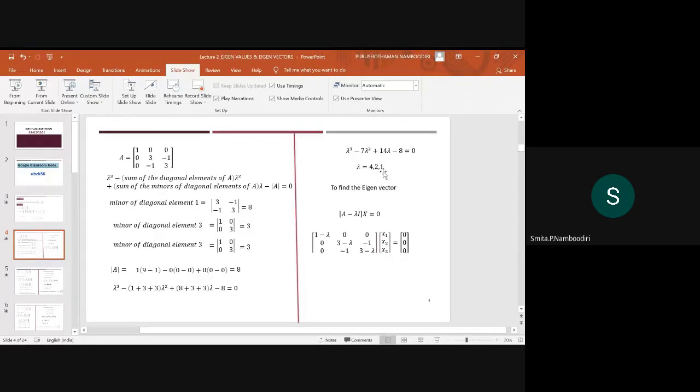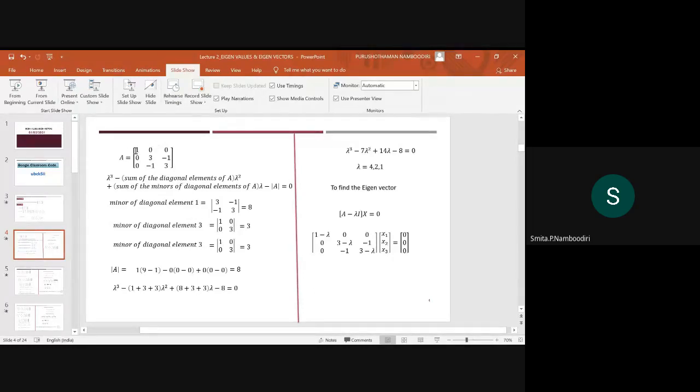तो हमें सबसे पहले क्या करना है, जो भी मैट्रिक्स है उसको A लेना है, उसके बाद ये फॉर्मूला यूज करना है, lambda cube minus sum of the diagonal elements of A into lambda square plus sum of the minors of the diagonal elements into lambda minus determinant of A. तो सबसे पहले हमें sum of the diagonal elements, now these are the diagonal elements 1, 3 and 3, तो उसको ऐड करना है. फिर हमें सबके माइनर्स निकालने हैं, जितने भी डायगोनल एलिमेंट्स हैं उनके सबके माइनर. माइनर का मतलब होता है अगर डायगोनल एलिमेंट 1 लेना है.